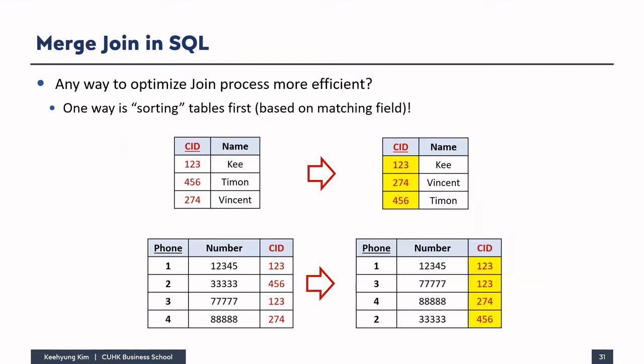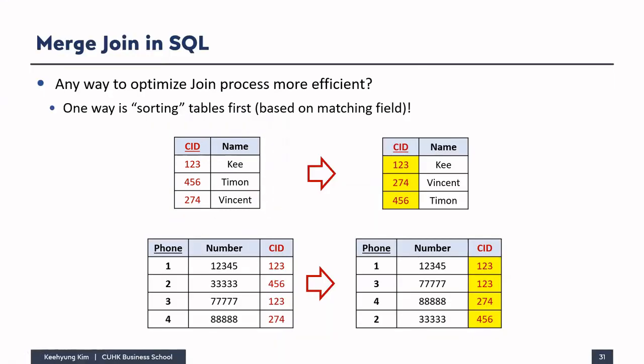They use the concept of merge join. What it means is that if this kind of join process is used quite often in your database system, MySQL or other similar relational databases will sort the table based on the CID by default.